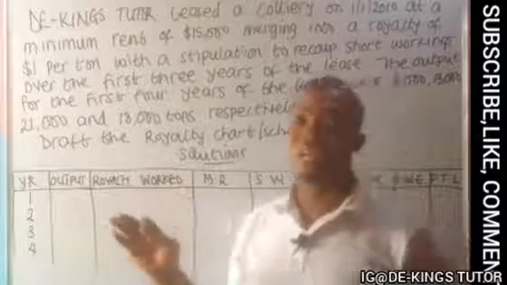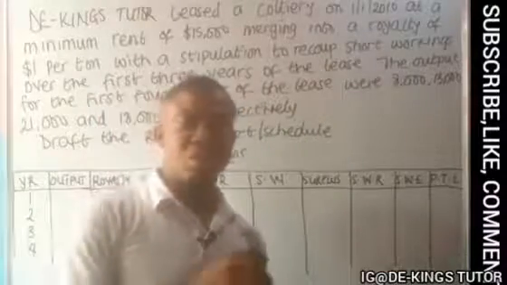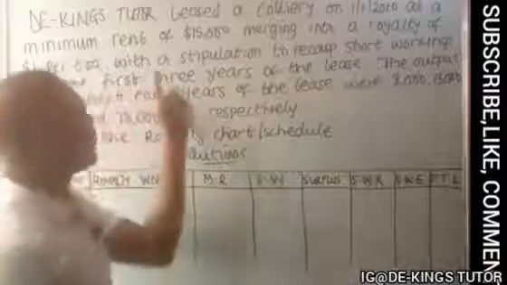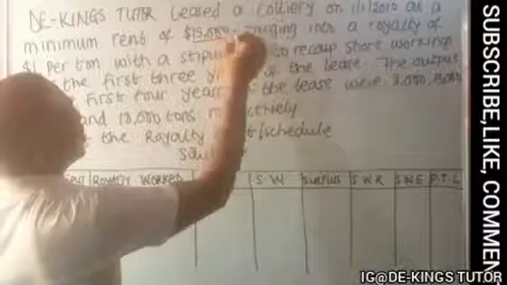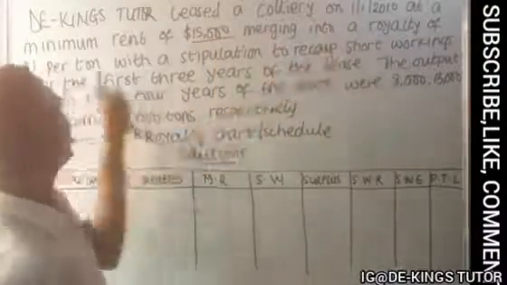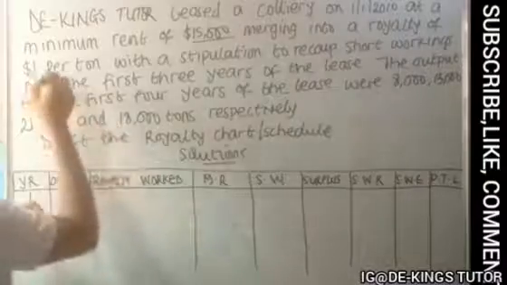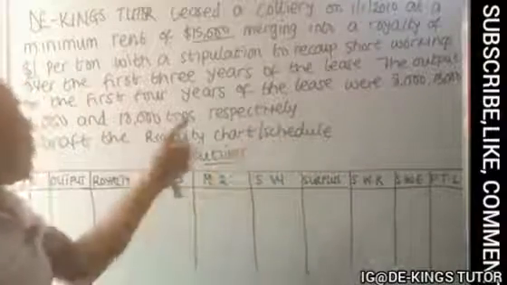Now, in questions like this, don't be bothered about the rigmarole. Just pick the items that are important. And the first one said the minimum rent is $15,000. That's the minimum rent. Now, merging into a royalty of $1 per ton. And these are the amounts that they will have to pay for 1 ton. Okay, $1 per ton.